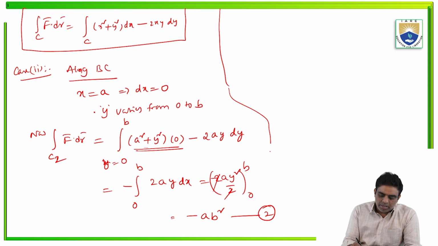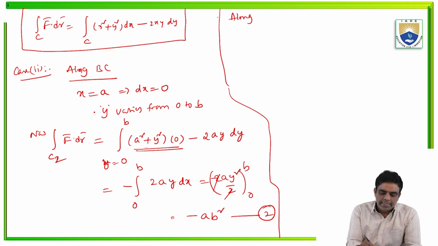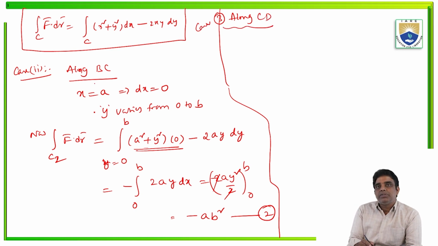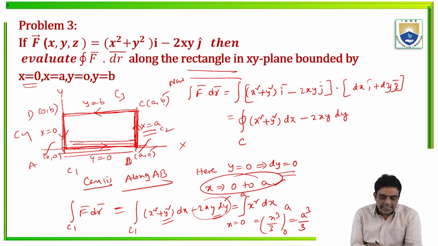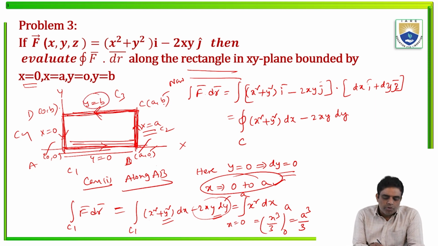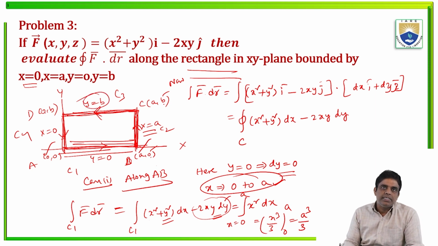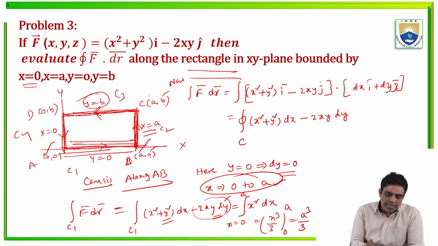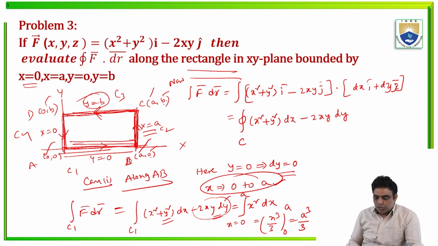Similarly, we will do along CD. So case 3. Here I will do along CD. So what is CD? See this rectangle, along CD. The equation of CD is y is equal to b. Here b is constant throughout the curve, but x is the varying factor, x varying from a to 0.